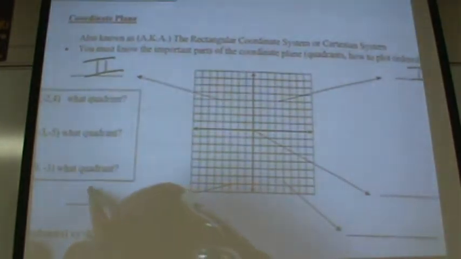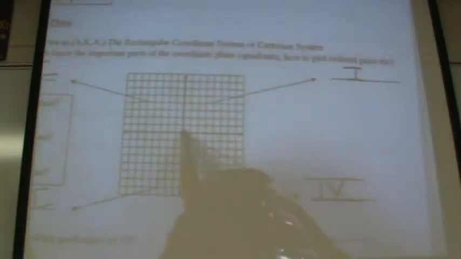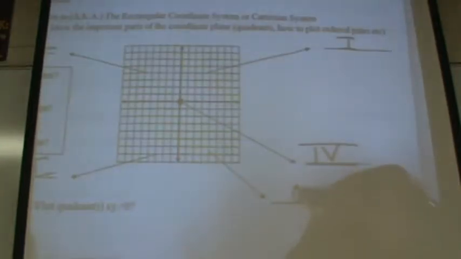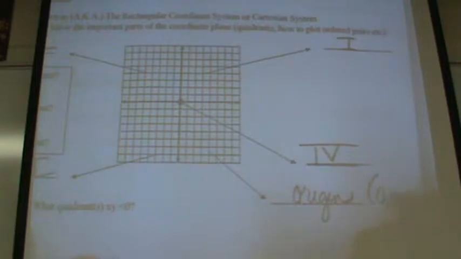So we've got quadrant 1, quadrant 2, quadrant 3, and quadrant 4. Does anyone remember the fancy name for this middle point right here? Origin. It's the origin. You guys know that. And we label points with ordered pairs, right? It's in parentheses with a comma.